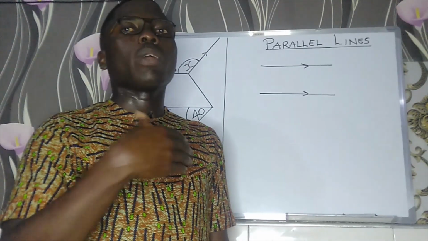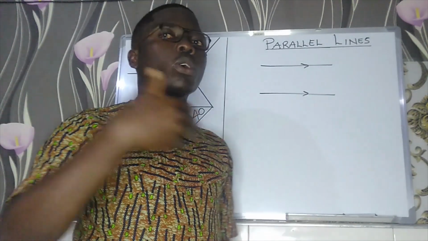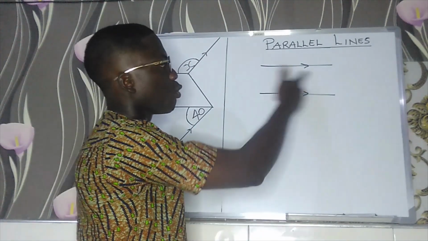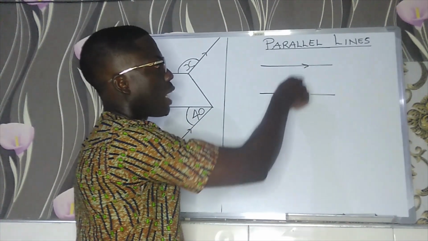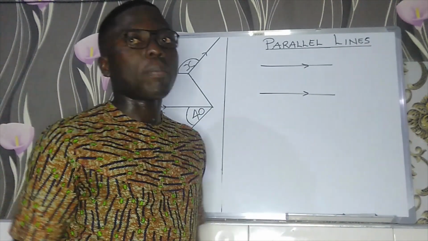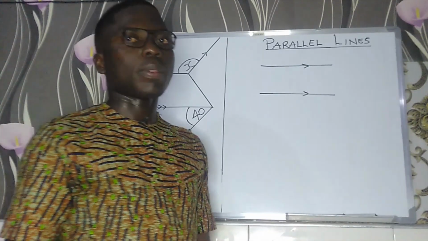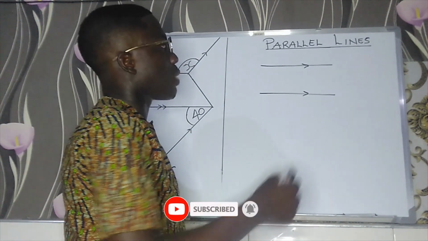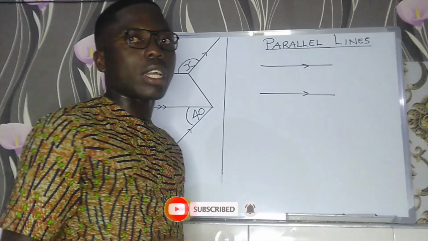Thus, we can extend them forward or backward. So whenever you have two straight lines with an arrow on it, then it means they are parallel to each other. Good.